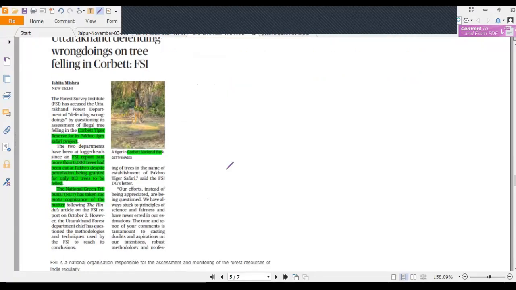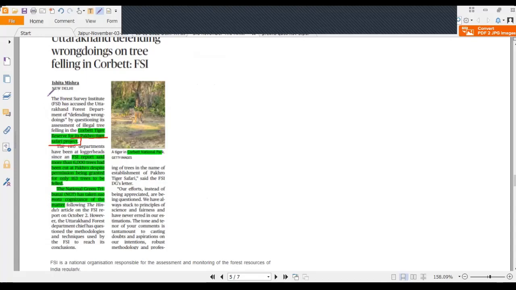Now moving forward, there is another news item related to Uttarakhand, where Uttarakhand government has been cutting down trees for Pakhro Tiger Safari project. So in this respect, the Forest Survey of India and Uttarakhand Forest Division are at loggerheads.